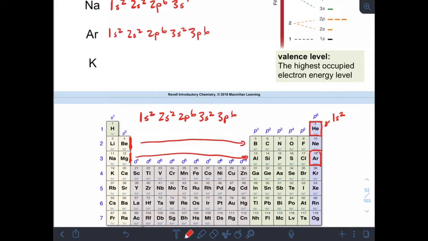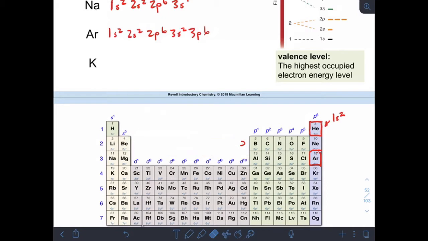All right, so let's do our last one, which is potassium. Potassium sitting here at element 19. So I list everything that comes before it when it fills. I've got 1s2 at helium, and then 2s2 at beryllium. Continue across, 2p1, we end at 2p6 for neon.